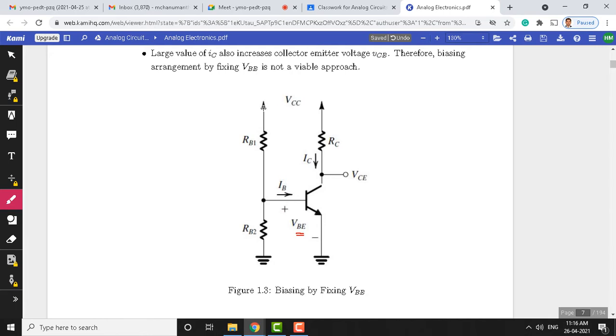You can see this branch, which contains resistors RB1 and RB2. The collector supply voltage is divided across these 2 resistors, and a constant voltage is available at this particular point with reference to ground.